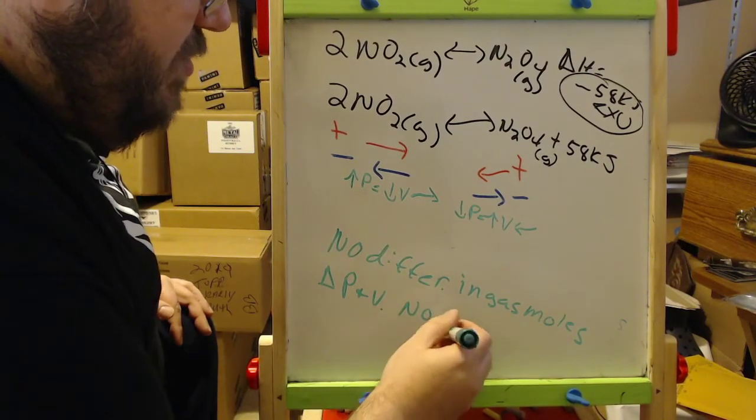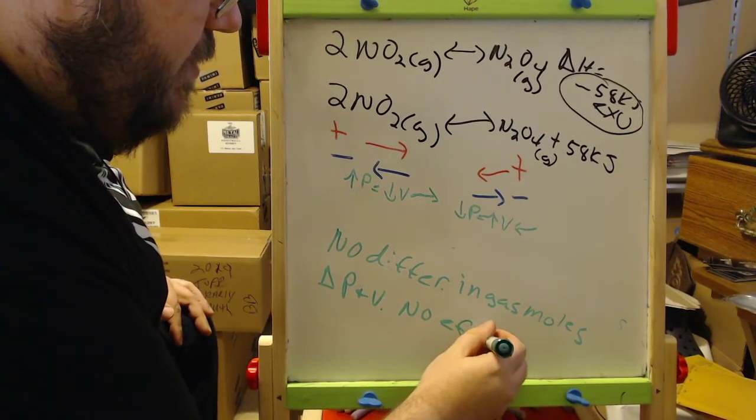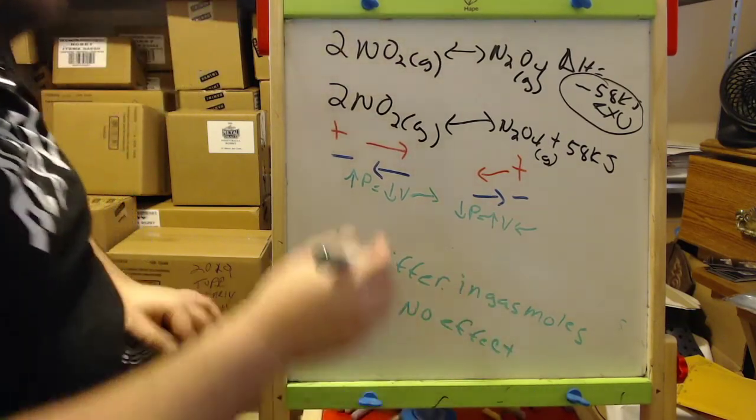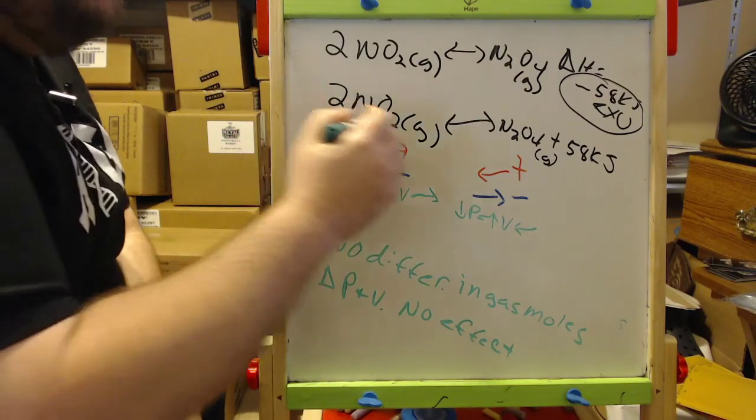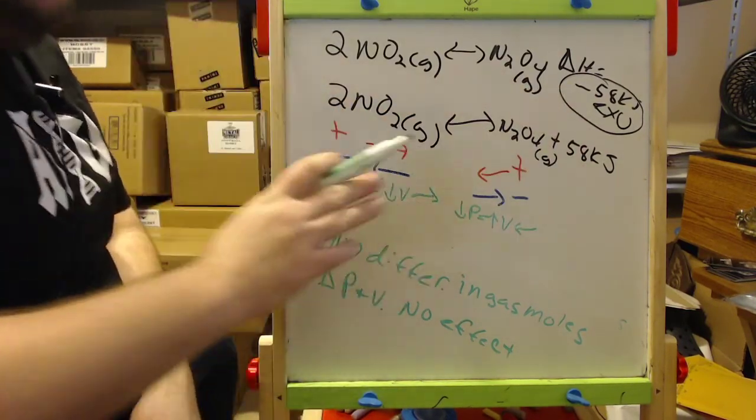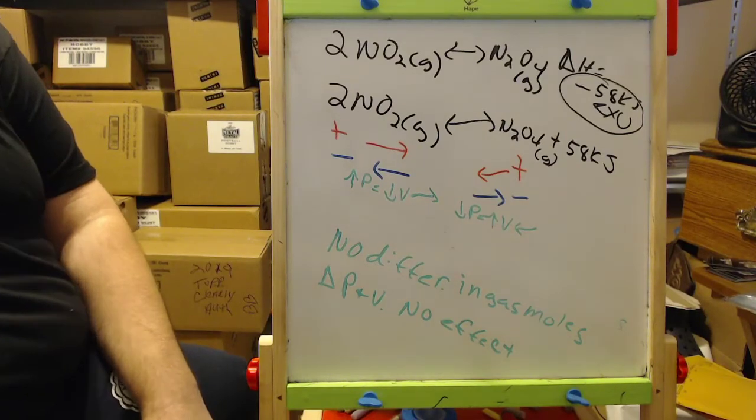A change in pressure and volume will have no effect on equilibrium. So if this was 2 and this was 2, there'd be no change. If this was all aqueous solutions and I changed the pressure or the volume, there would be no change.